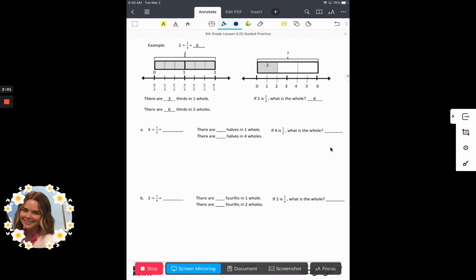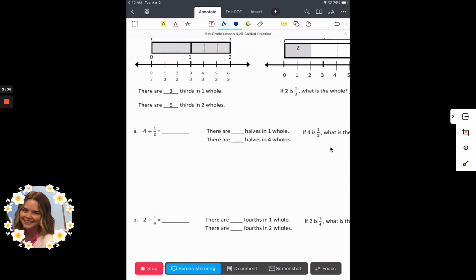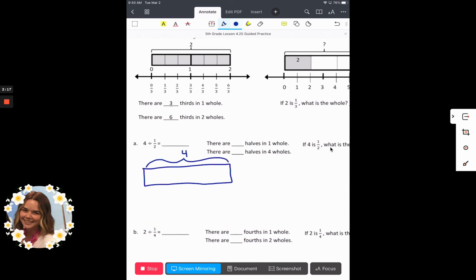So let's take a look at A. We have 4 divided by 1/2. So we have our tape diagram, which in total is going to be representing 4. Now we're not just dividing this in half. We have to divide this first into 4 pieces. Right, so it's kind of like a number line. So we have 1, 2, 3, 4. And then each of those we divide in half.